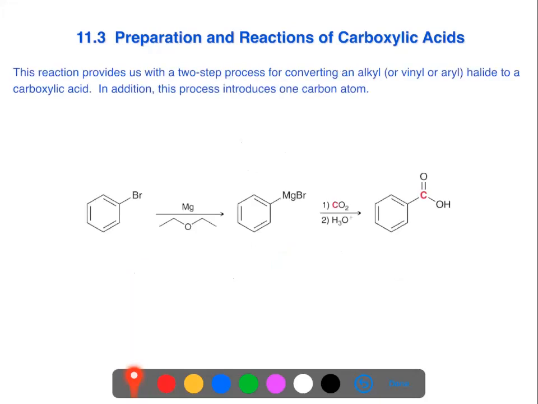So as you can see, we could go back one step to the alkyl halide as a starting point for this particular synthesis. So if we start with really any alkyl halide in the presence of magnesium, and what's shown here wasn't shown in previous slides, but this is diethyl ether.